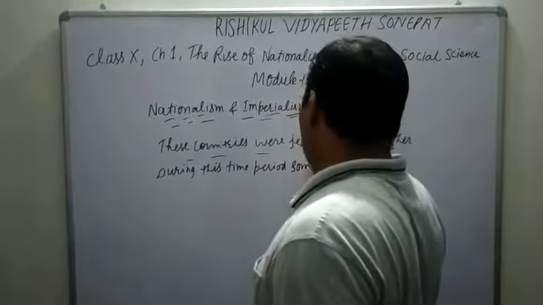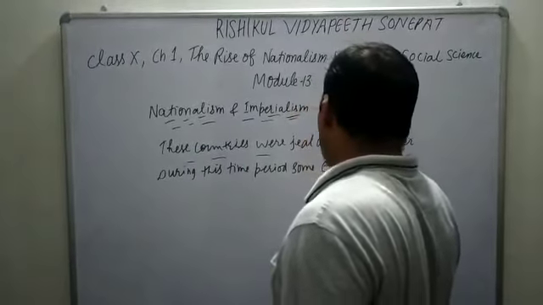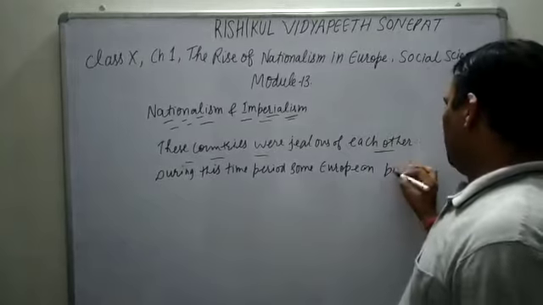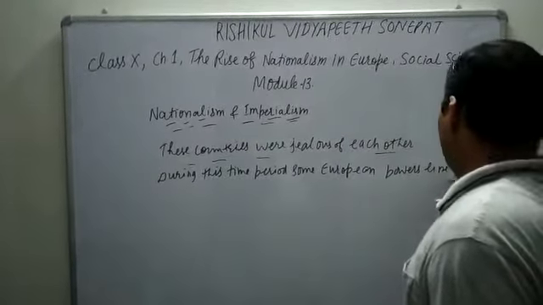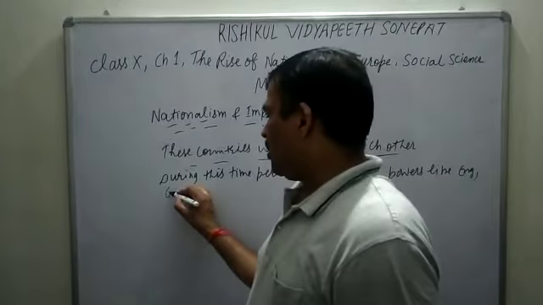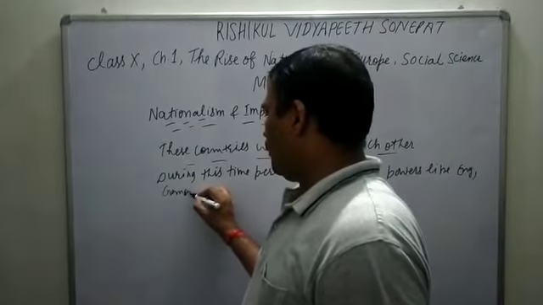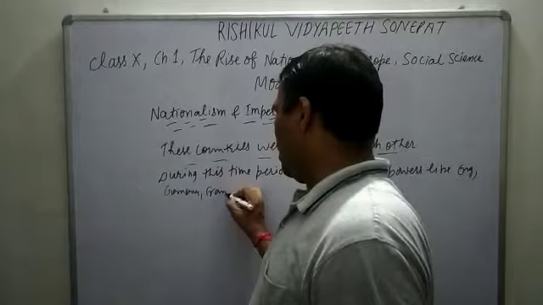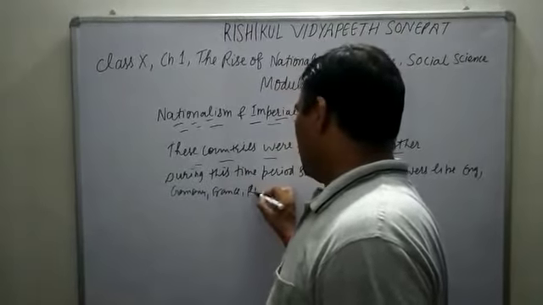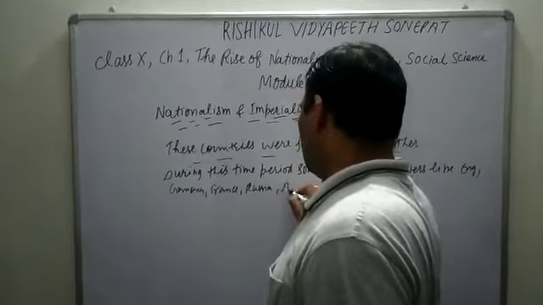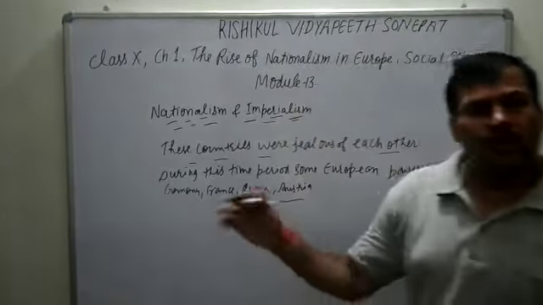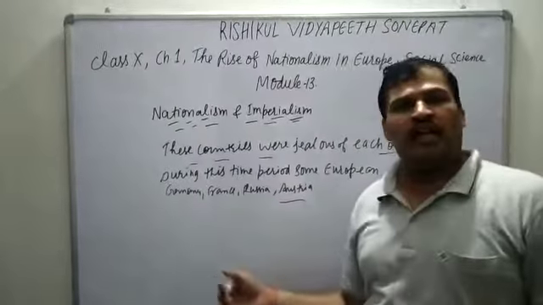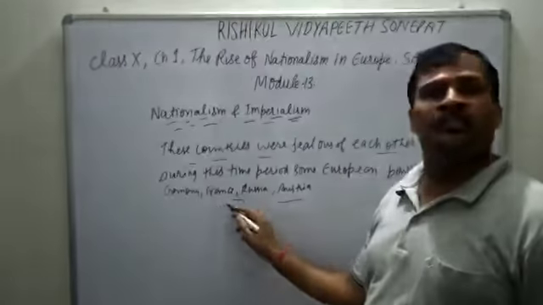Some European powers like England, Germany, France, Russia, and Austria were countries that were developing well socially as well as militarily.